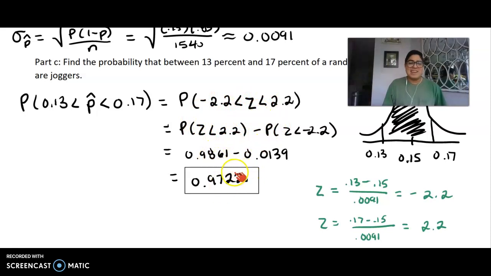We take the difference, and using my table A from our formula sheet, we get about a 97.22% chance that in a random sample of 1540 adults there will be somewhere between 13 and 17% that are joggers. So very likely, right? Thinking back to the empirical rule, the 68, 95, 99.7, they're both within two standard deviations. So that's a little bit over 95% of the data.